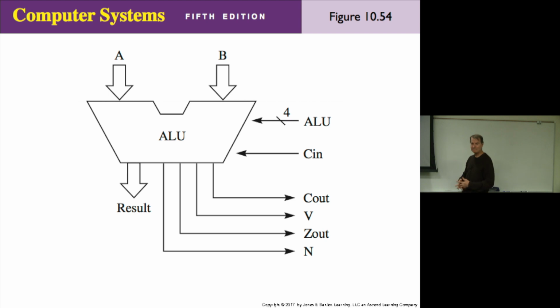Are you with me? Now, here's what we're going to do. So that's one possibility, to physically duplicate the ALU and hook them together in slices. In the early days, they used to have ALU chips, and they were slices.